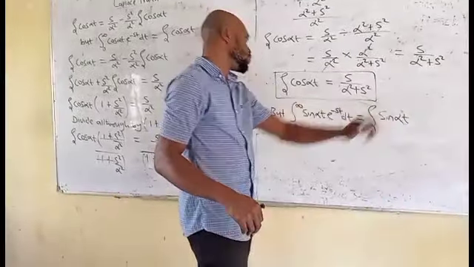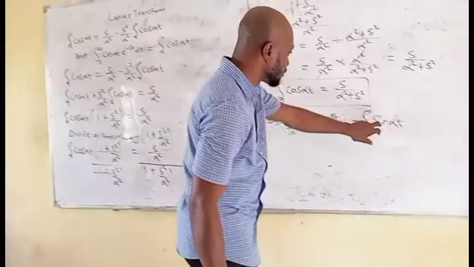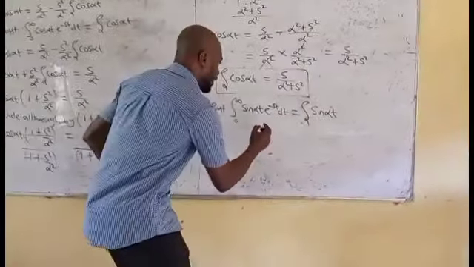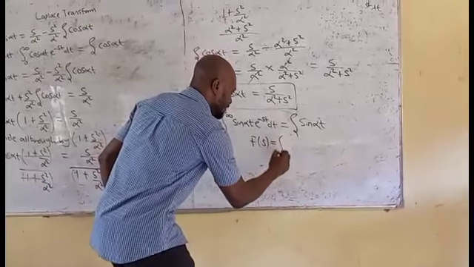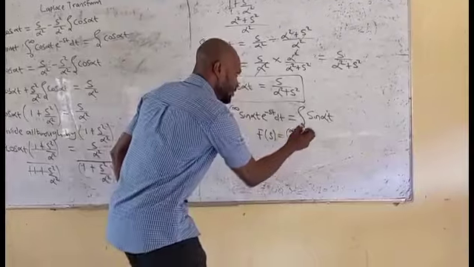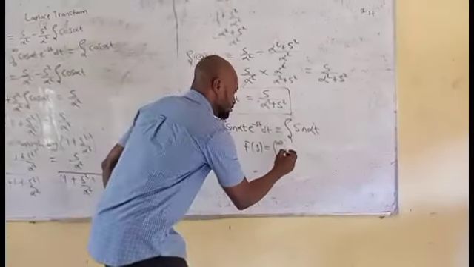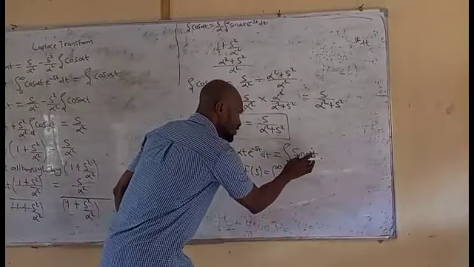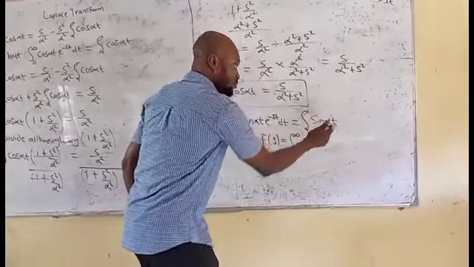Because if you look for the Laplace transform of sine wt and you make use of the formula, F of s equals the integral from 0 to infinity, then you have your exponential minus st, and this one will be your f of t. Sine alpha t will be your f of t.